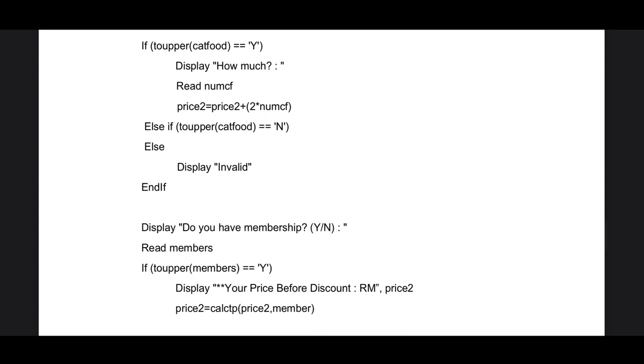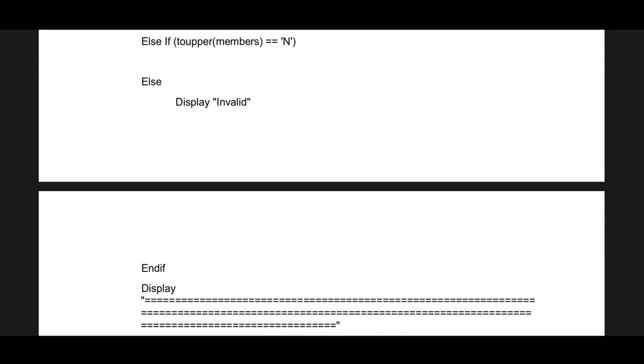Next, if the membership is equal to Y, which is yes, it will start the calculation using the functions that we created, and it will take 10% off the finalized price, and it will display the price before the discount first. And if this is N, which is no, it will proceed to output the finalized price, else it is invalid.